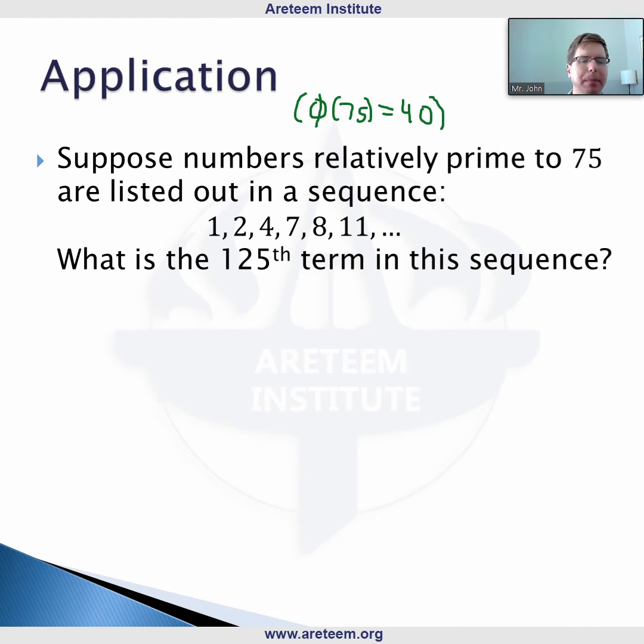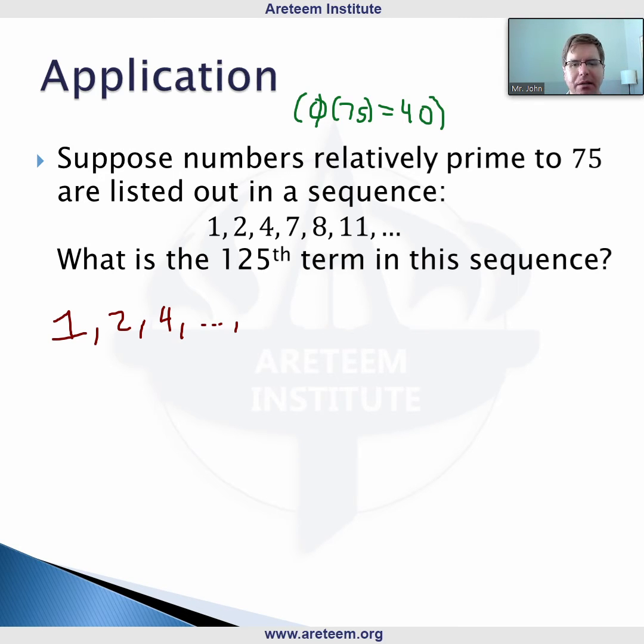So even if it's not immediately clear how to start, let's see what phi of 75 tells us. We have our sequence here, 1, 2, 4, dot, dot, dot. Now, 75 isn't relatively prime to 75, but what about 74? 74 is. One less than 75 is relatively prime to 75.